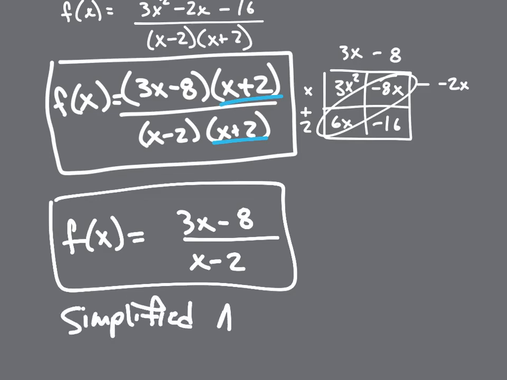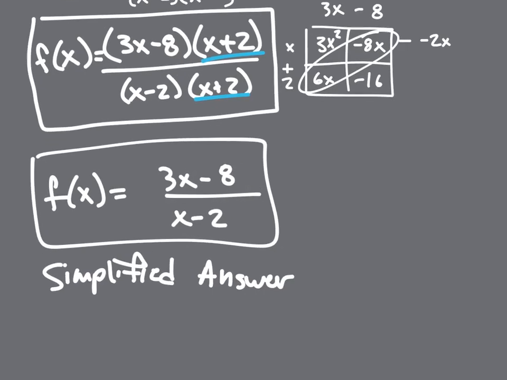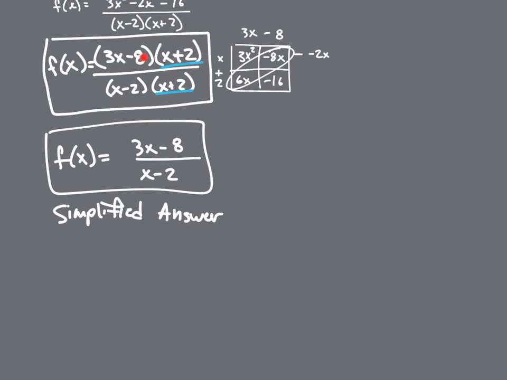answer. Okay, but because we were looking for our domain restrictions, we have to think about what we have as our original equation before we start dividing things out. So the restrictions are as such, okay?